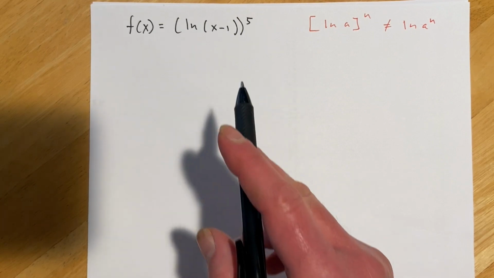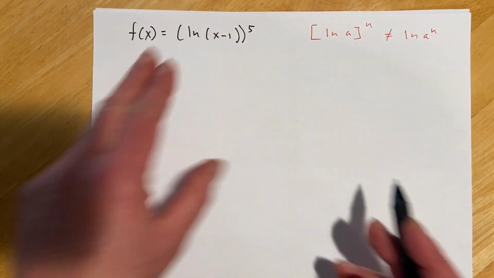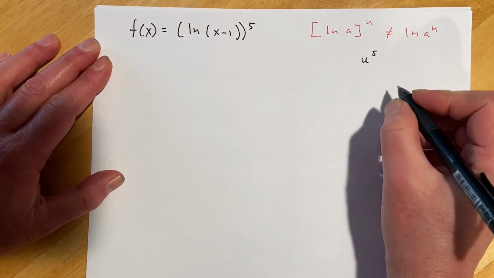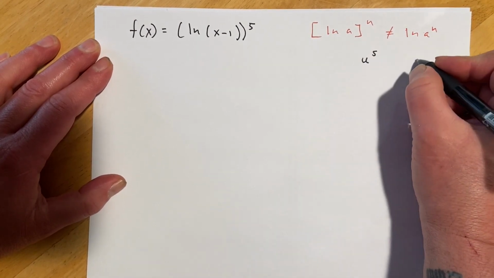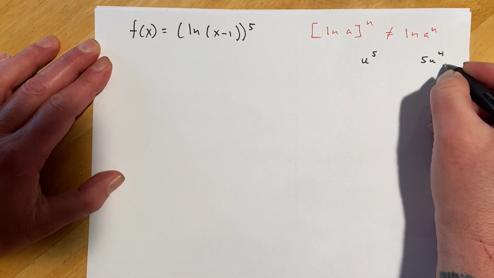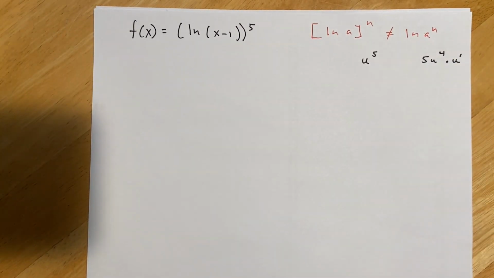So what I'm going to do with this is, we can think of it in this shape as a u to the 5th. And so when I take the derivative of this, it would be 5u to the 4th times the derivative of u.